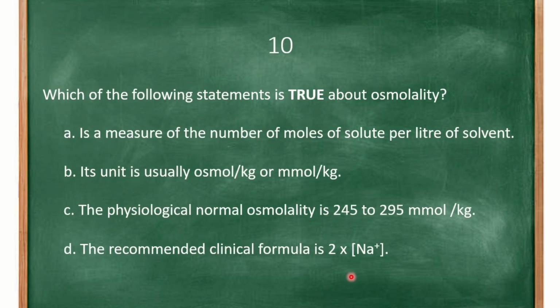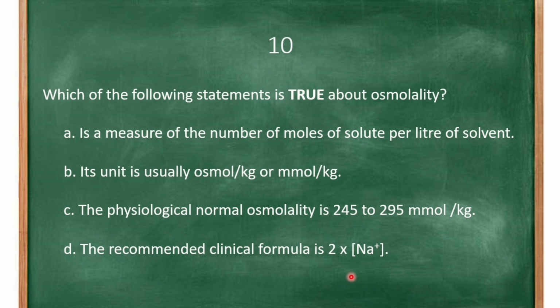Okay. Question 10. It says, which of the following statements is true about osmolality? A, it is a measure of the number of moles of solids per liter of solvent. B, its unit is usually osmoles per kilogram or millimole per kilogram.